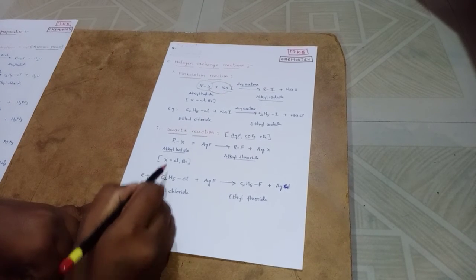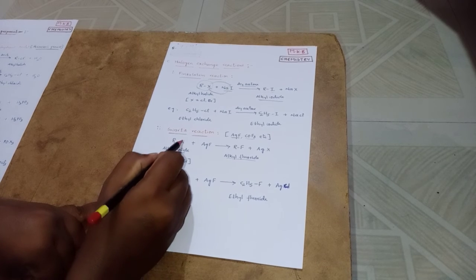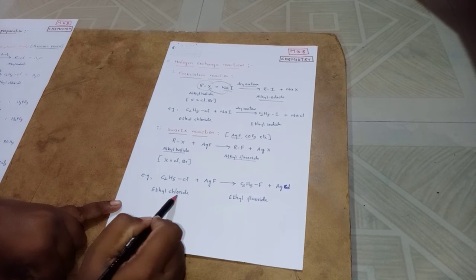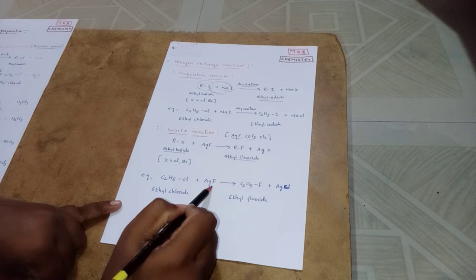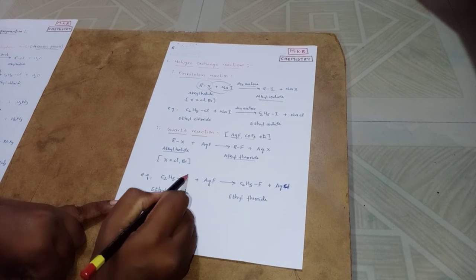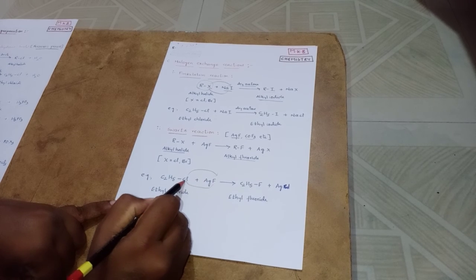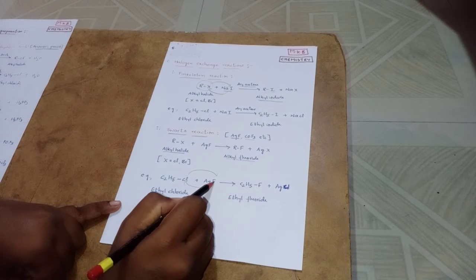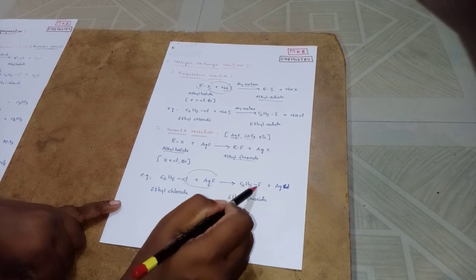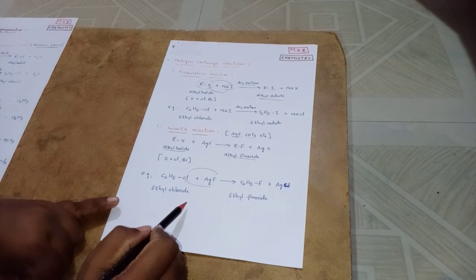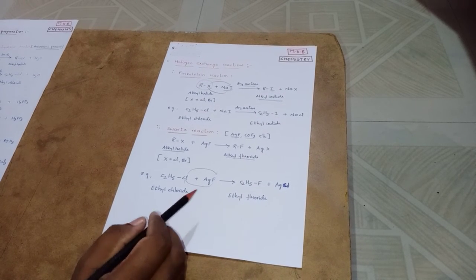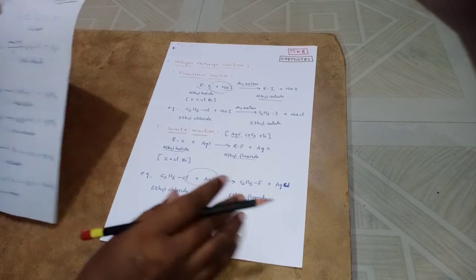For example, ethyl chloride plus AgF gives, just replacing these two, in place of chlorine F, in place of fluorine Cl: C2H5F, ethyl fluoride, plus AgCl. So these are the preparation methods of alkyl halides.